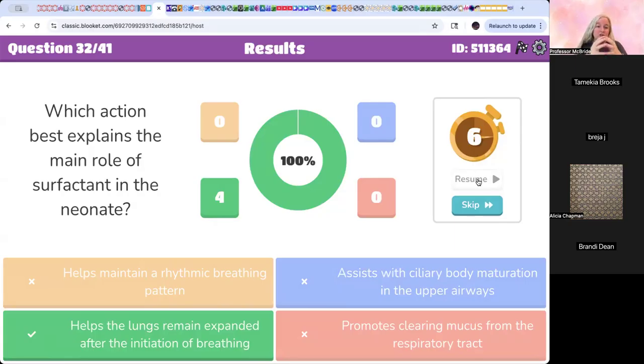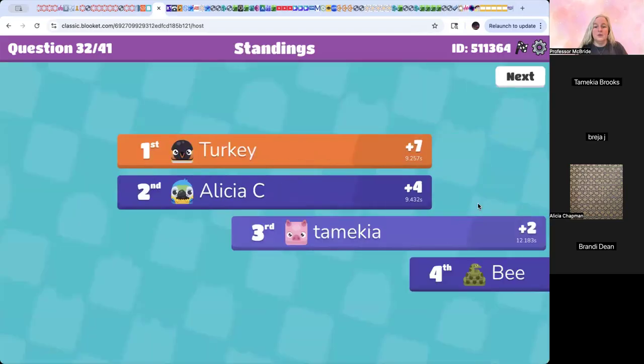We talked about that before, right? That if we don't have sufficient surfactant, then we can have atelectasis, and these little alveoli air sacs can kind of collapse down, and it's hard for the baby to get them to open back up. And so surfactant is going to help keep those open. You guys did a good job with that.